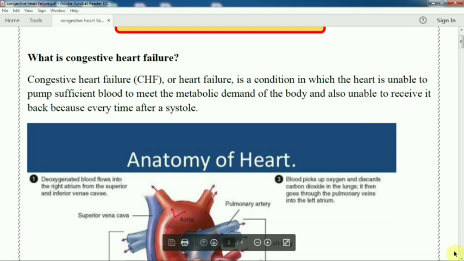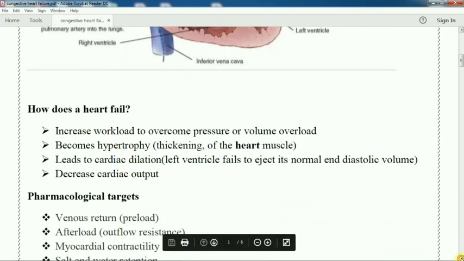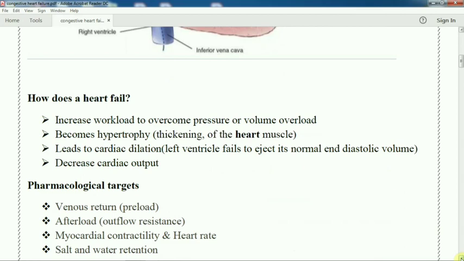Now, how does heart failure occur? We have studied recently the increased workload to overcome pressure or volume overload. So there is a chance of heart failure due to increased overload or hypertrophy, thickening of the heart muscle.